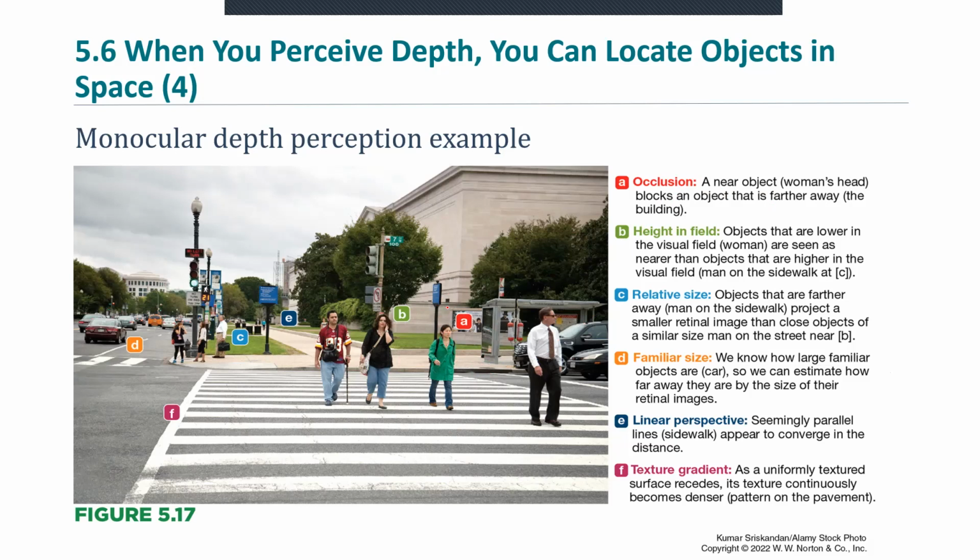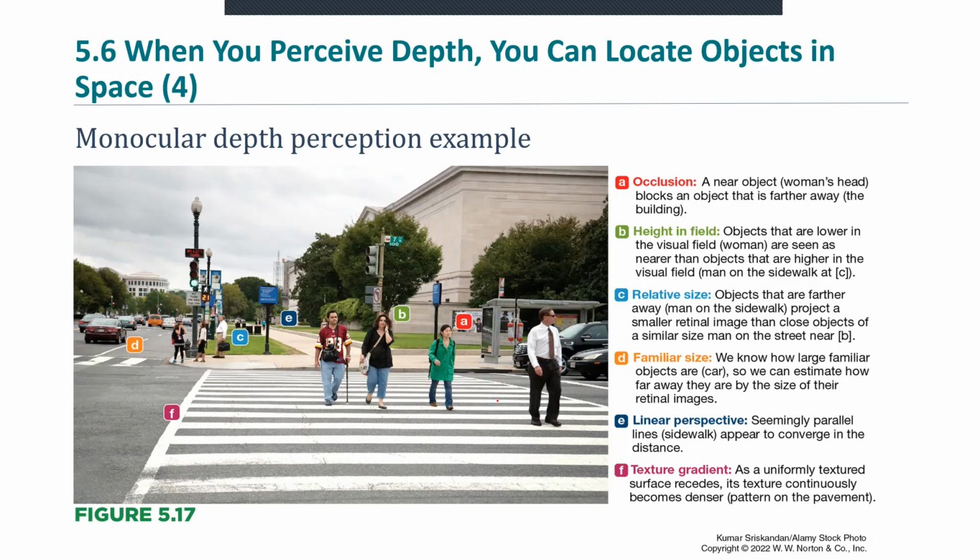So part of her head covers up this gray building at the back here. That means that she's closer to us than the building. This guy in the white shirt is closer to us than this black car behind him because he's blocking part of the black car. That's all occlusion is. If something blocks something else, it's got to be closer.